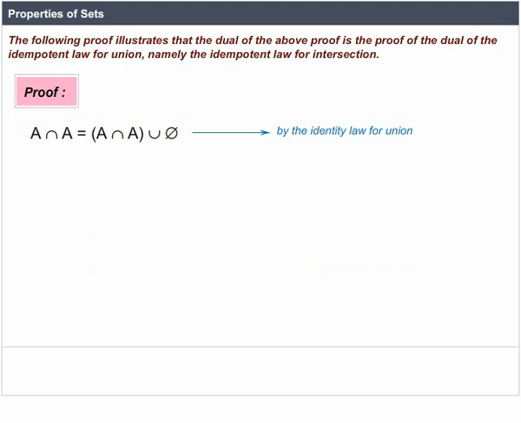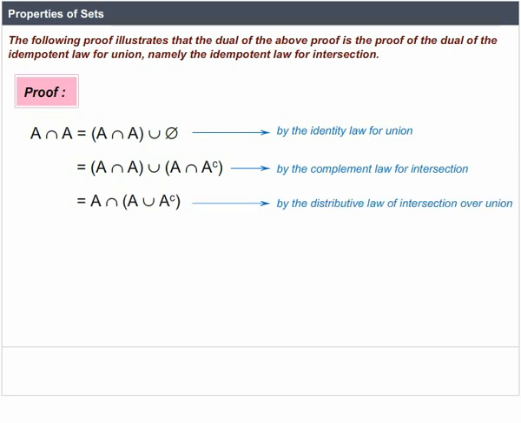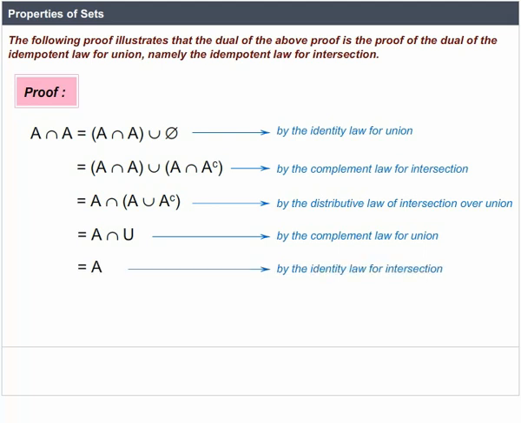A intersection A equals A intersection (A union empty set) by the identity law for union, equals A intersection (A union A intersection A complement) by the complement law for intersection, equals (A intersection A) union (A intersection A complement) by the distributive law of intersection over union, equals (A intersection A) union empty set by the complement law for union, equals A by the identity law for intersection.